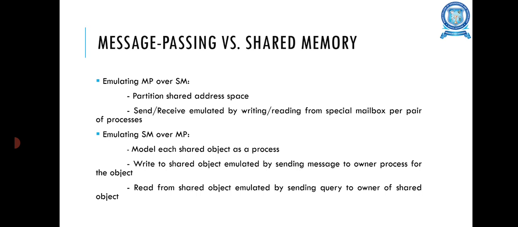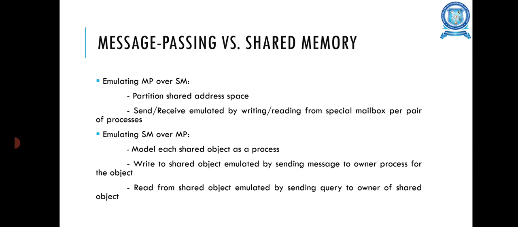Next is emulating MP over SM, that means emulating message passing over shared memory. Here this can be classified into partitioning the shared address space. Next, send and receive are emulated by writing and reading from a special mailbox per pair of processes.